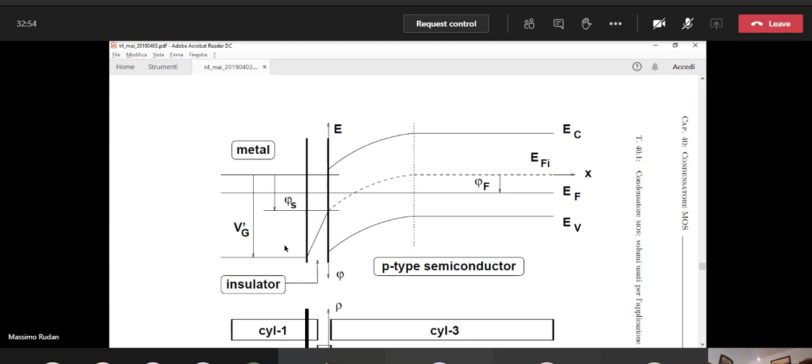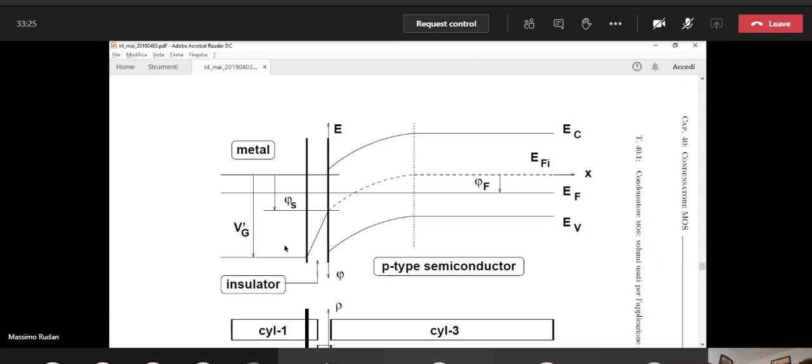We assume that the insulator is perfect, so there are no charges inside the insulator. In reality, during the fabrication process, it may happen that some unwanted charge enters the insulator and then it stays there as a fixed charge, okay? But we assume that there are no such charges, okay?